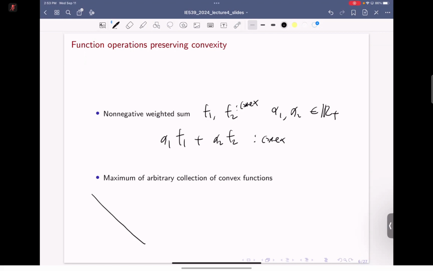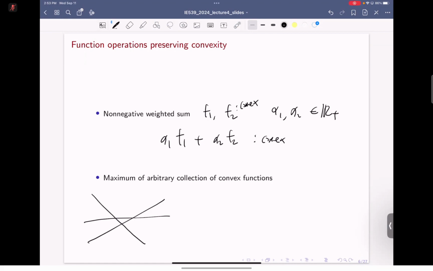This is a linear function. Let me also take another linear function, that is this. Let me take one more, something like this. So we have three linear functions, and we know that a linear function is convex. So all of these three functions are convex.